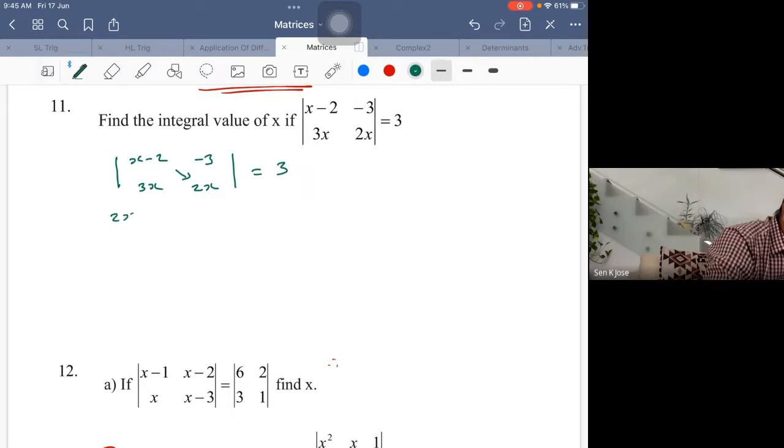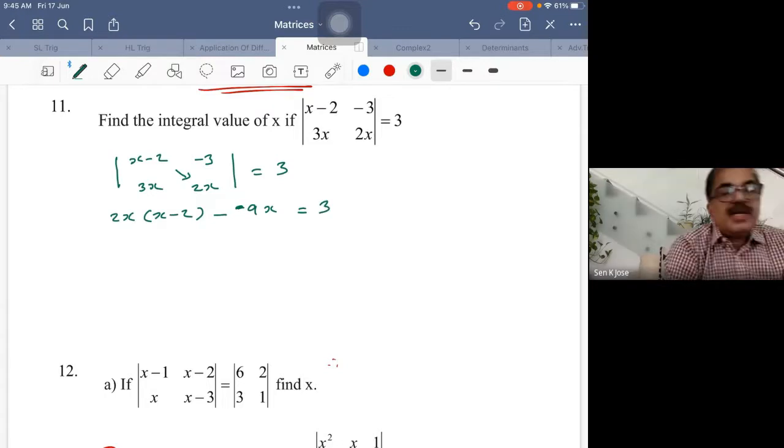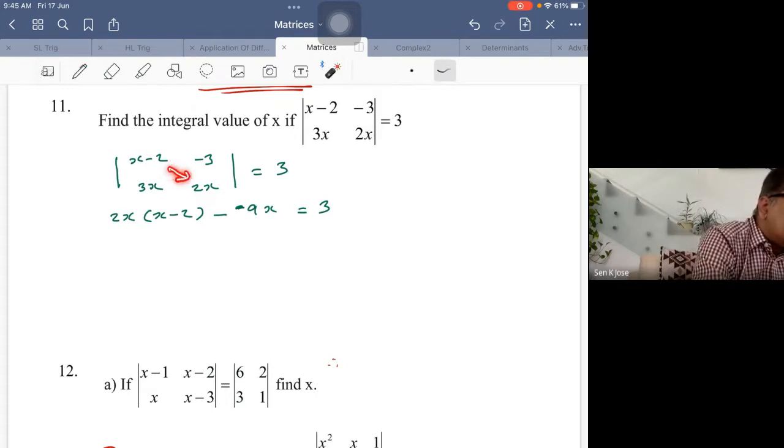So that's going to be 2x into x minus 2, minus -3 into 3x, which is minus 9x, equal to 3.